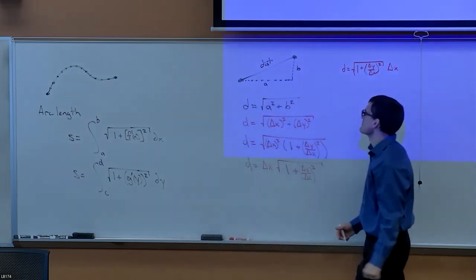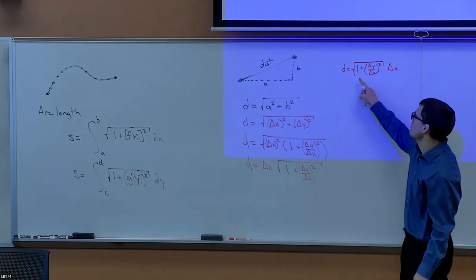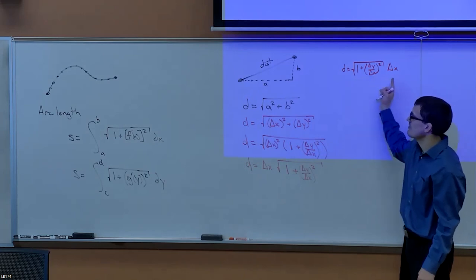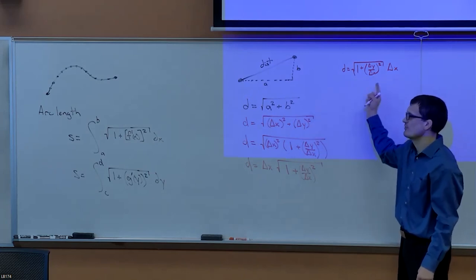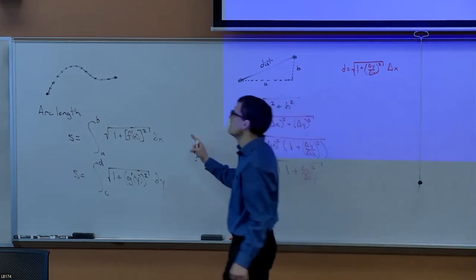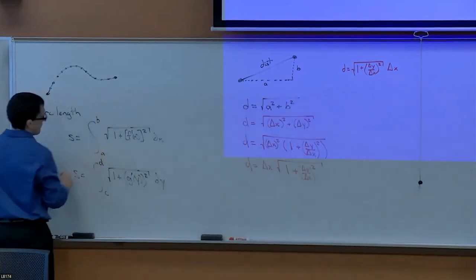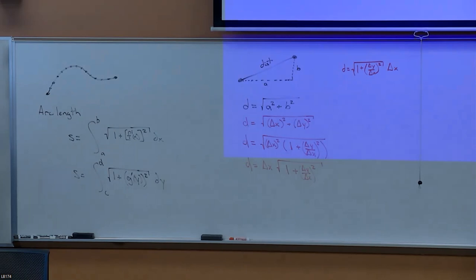So, noticing this is just a rewrite of the distance formula kind of tells you where that arc length formula comes from. Okay. Now, that's where the arc length formula comes from.